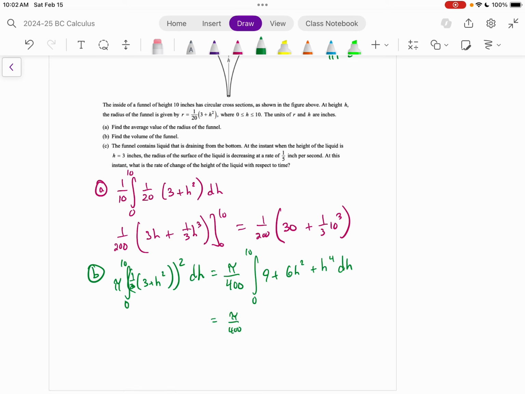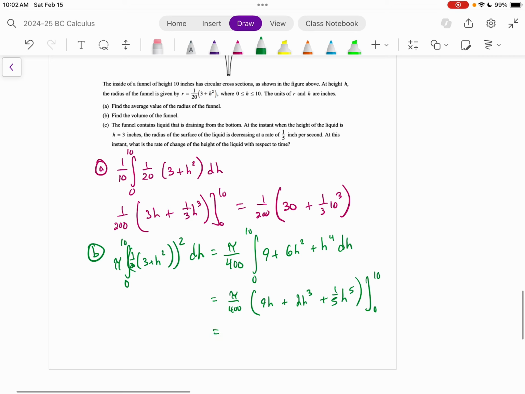Pi over 400 times 9h plus 2h cubed plus 1/5 h to the 5th evaluated at 0 and 10. That's awful. Pi over 400 times 9 times 10 plus 2 times 10 cubed plus 1/5 times 10 to the 5th. Yeah, I don't care about simplifying that at all right now, so I will not.